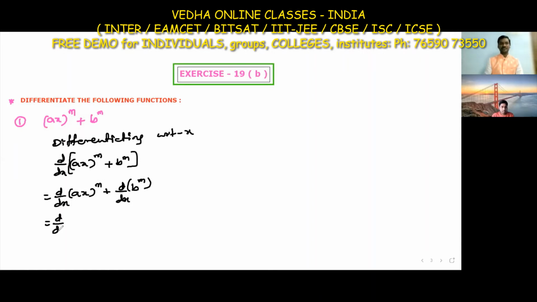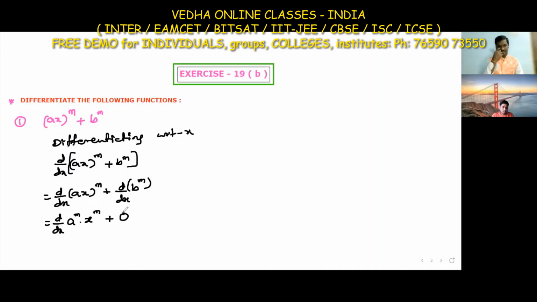According to the normal exponents formula, this power is applicable for both, so we can write this as a^m and x^m. That is the normal formula. Now d by dx of b^n: b^n is a constant.